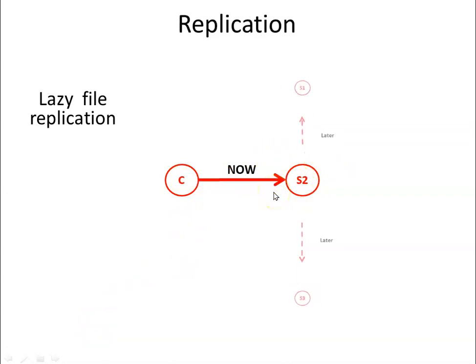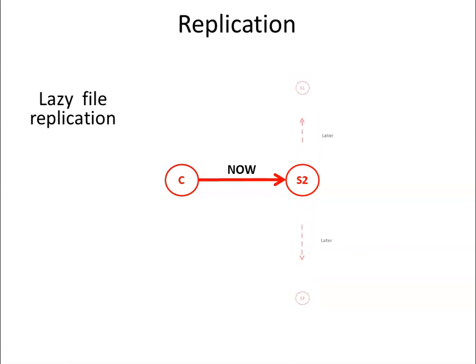Later the server itself makes replicas on other servers. So in this case it is making a replica on S1 and S3 later, automatically. Now this happens without the programmer's knowledge. The system must be smart enough to be able to retrieve any of these copies if required.